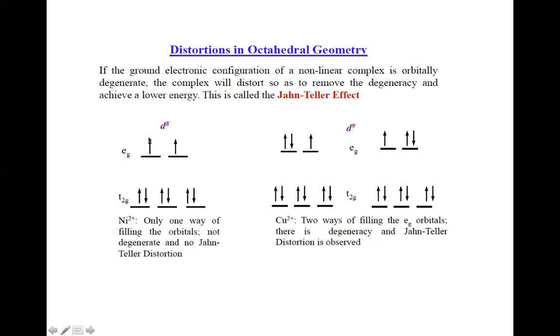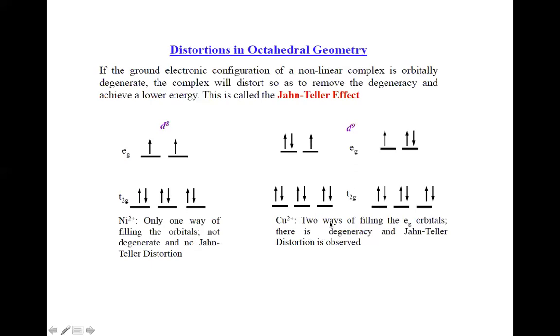So eg is half filled, so it is symmetric, and t2g is fully filled, so it is also symmetric. In this particular complex, both the eg and t2g sets are symmetric. As a whole, there will not be any kind of distortion in this particular complex.